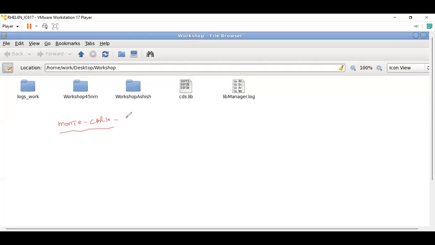Which random variations? The random variation of VTH, of width, of length, of oxide thickness, of doping, etc. Now you will say, sir, we can change only one parameter in this, so how can we do all these random variations?